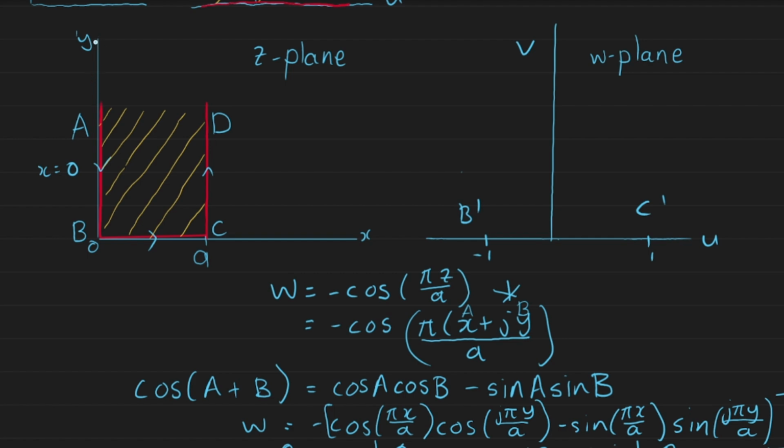So y is coming from infinity, and it's coming to 0. Between BC, we can see that y is equal to 0, and x is going from 0 to A. And then lastly, we have CD. At CD, we can see that x is equal to A, and y goes from 0 to infinity.